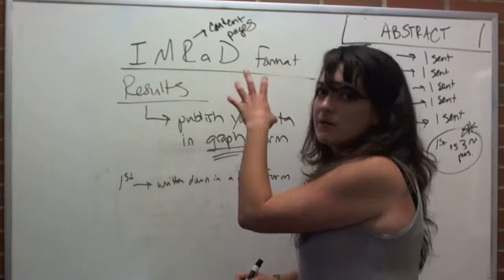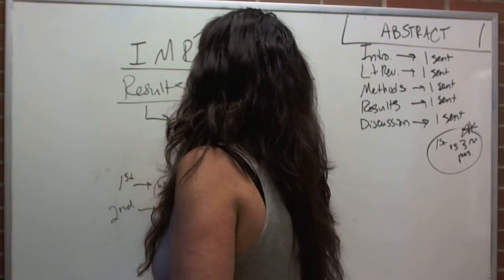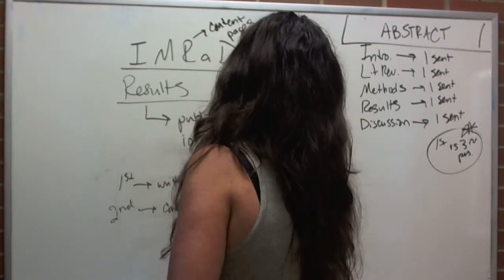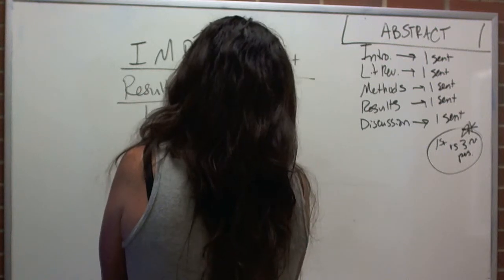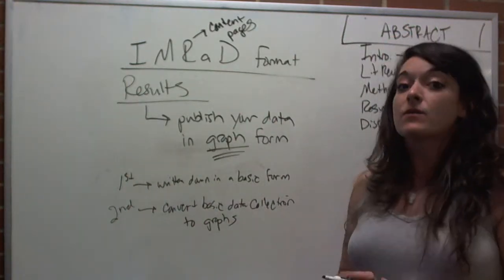When you publish a results section, though, in IMRaD format, you need to convert basic data collection to graphs. Okay? Now, you guys are probably seeing how intense this particular report is, all right?